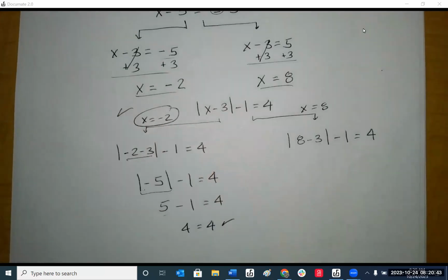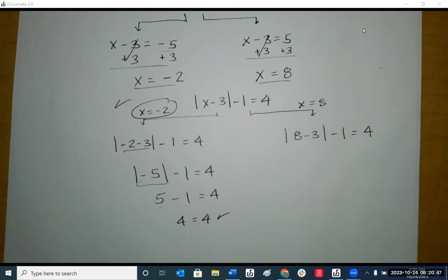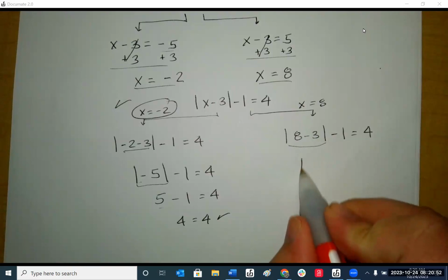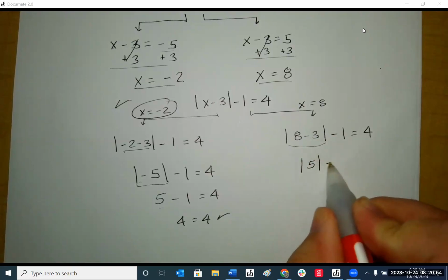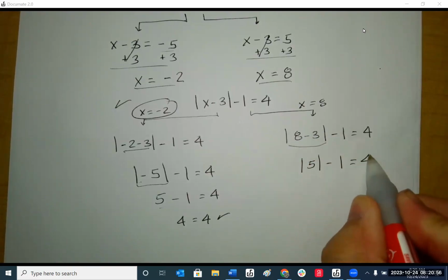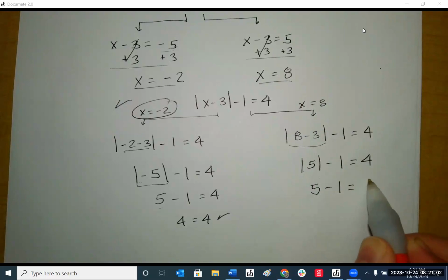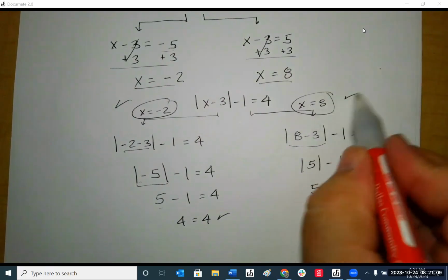So that's a good answer. And the other side, 8 minus 3 is 5. Absolute value of 5 is 5. 5 minus 1 is 4. So they're both good answers.